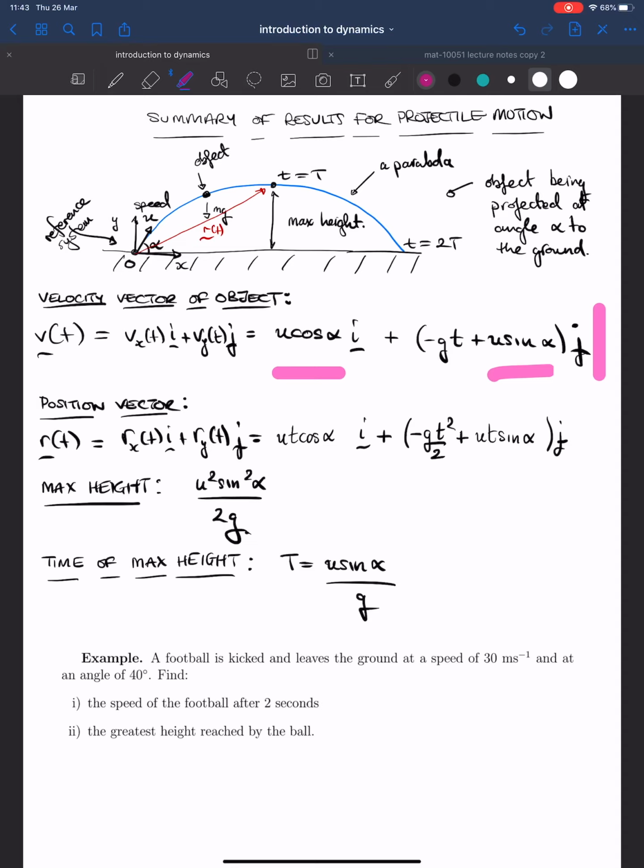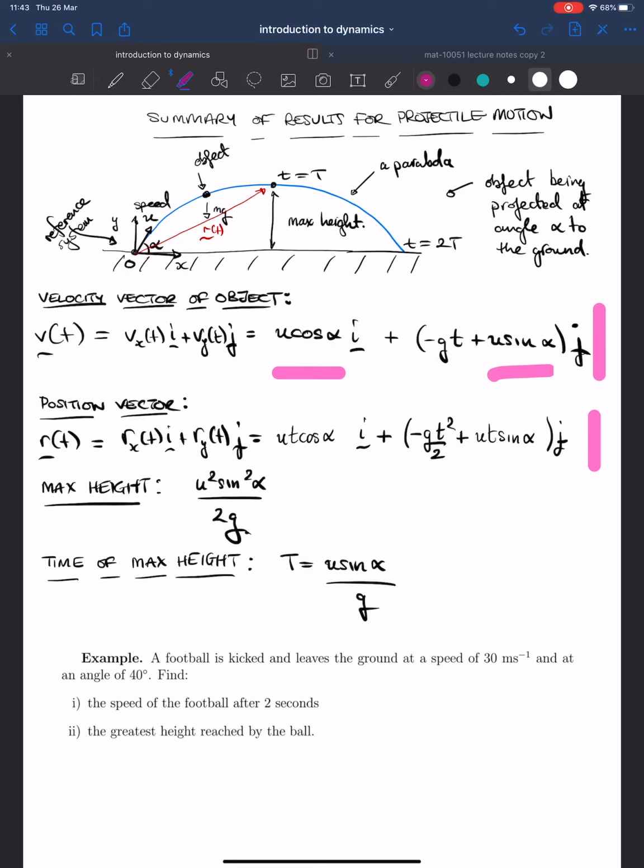Then we did another integration and we ended up with the position vector. In this case, our object, where it's launched, coincides with where we chose our reference system. And this is the expression you would get for the initial condition where r is the zero vector.